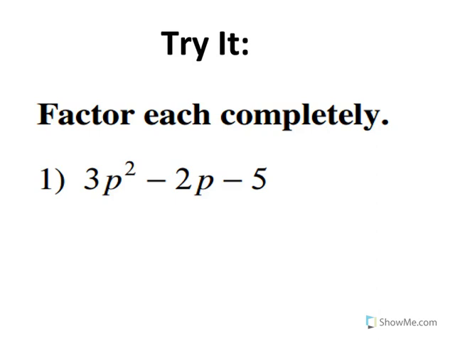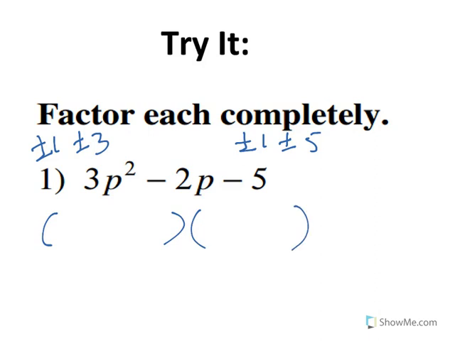Right, so the same as before, the factors of 3 are plus or minus 1 or plus or minus 3, and the factors of negative 5 are plus or minus 1 or plus or minus 5. So then we need to come up with the factors. It's a positive 3, so we need an x and a 3x. You can use p or x, it doesn't matter.